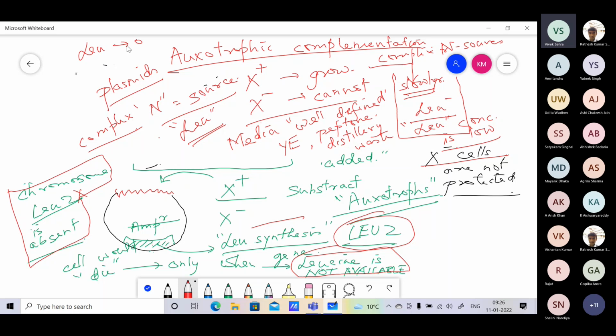It should be tending to zero, not really equal to zero, as long as X minus has a growth rate mu minus which is lower than mu plus. Because mu plus is able to synthesize leucine, it does not depend on leucine for growth, therefore it is able to grow faster.